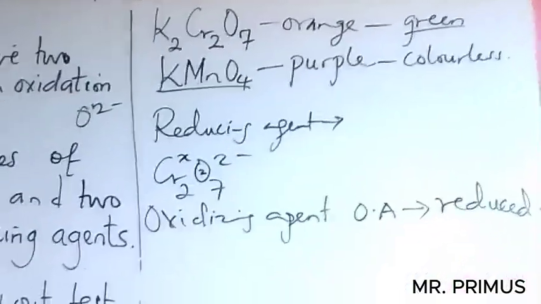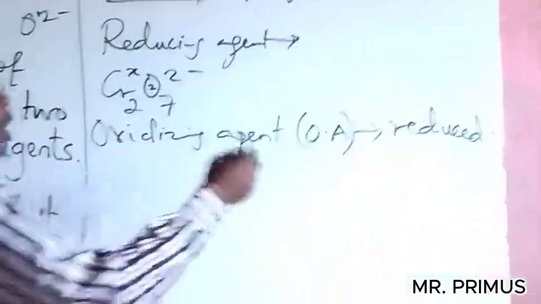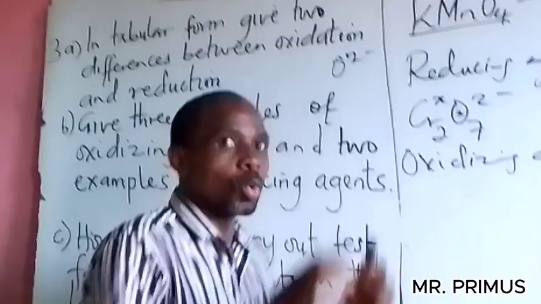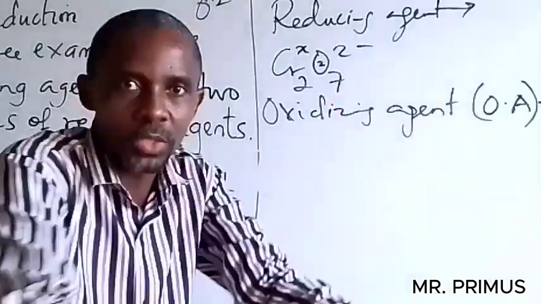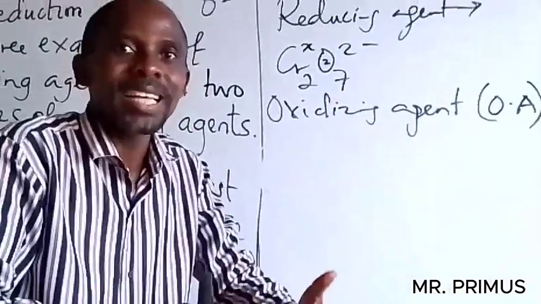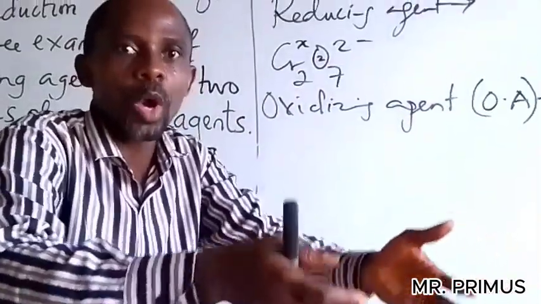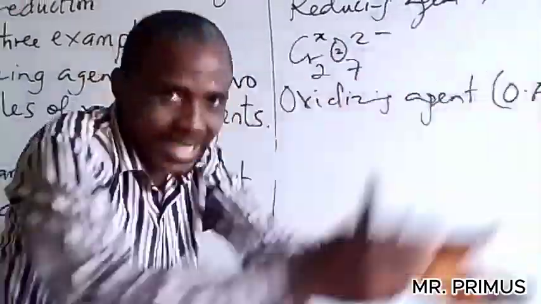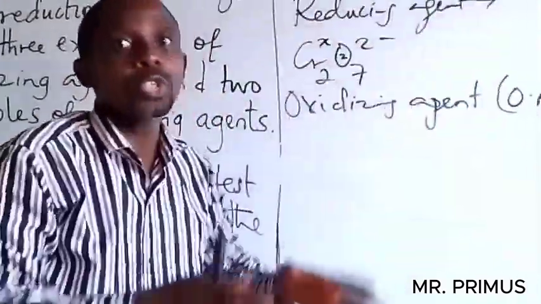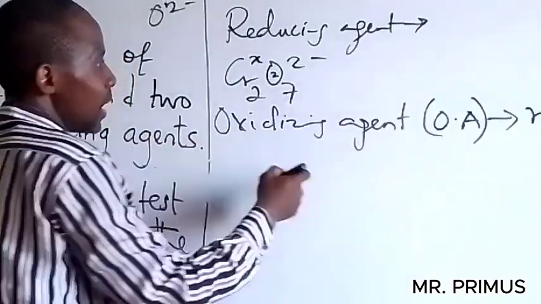An oxidizing agent is that substance that at the end of the reaction becomes reduced. It will go to oxidize. When it gives out oxygen, you know oxidation is the addition of oxygen, so when it gives out oxygen, it becomes reduced. You understand? An oxidizing agent will go and oxidize; it will go and increase the oxidation state of another substance. Alright, so this is an oxidizing agent.